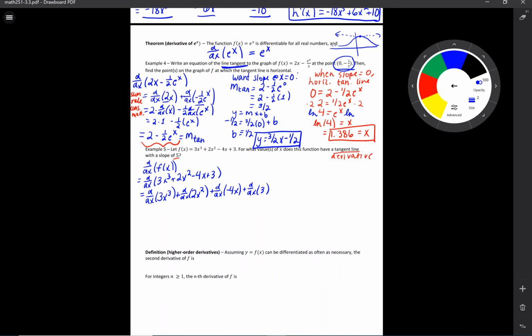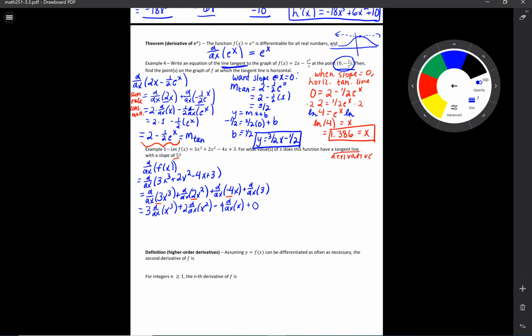All right, well, the derivative of 3x cubed. Again, next I'm going to bring out my constants. So this is 3 times the derivative of x cubed plus 2 times the derivative of x squared minus 4 times the derivative of x. And we know that the derivative of 3 is 0.